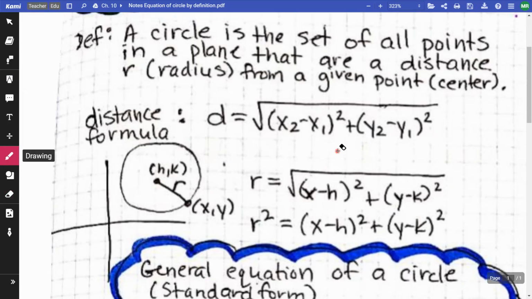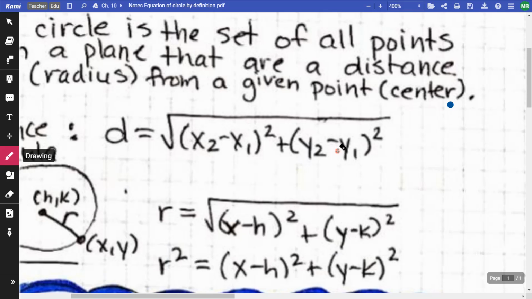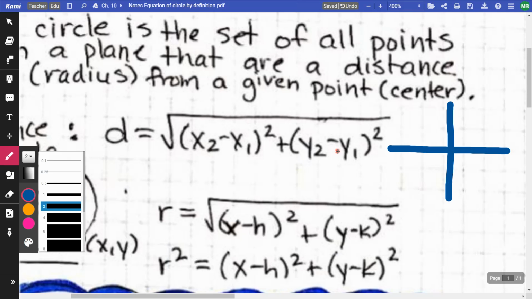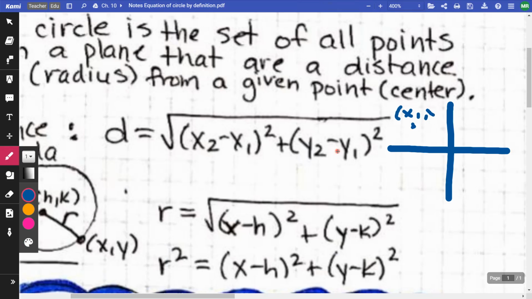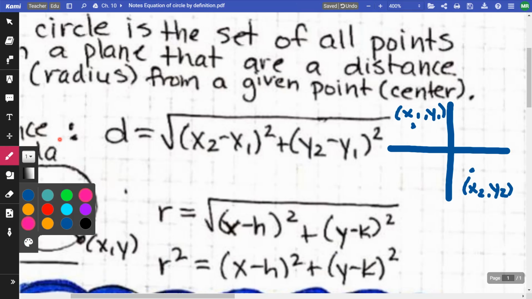Okay, so if I was just jotting down on this, let's say I have one point that is x1, y1, and I have a second point, which is x2, y2, and I want to find the distance between those 2 points.